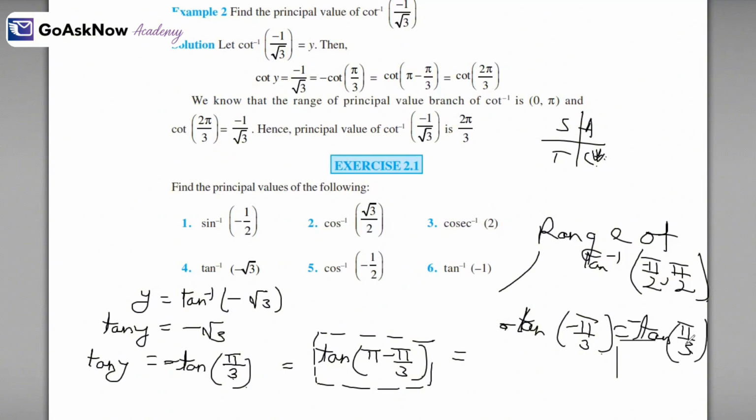Only like this can I get it here. So the principal value of this will be minus pi by 3, and minus pi by 3 is coming between minus pi by 2 and pi by 2. The answer is in between these values. So I hope you got this part, how the answer is coming like this.